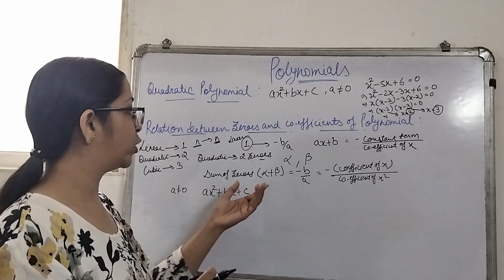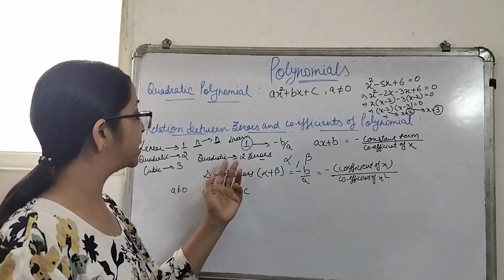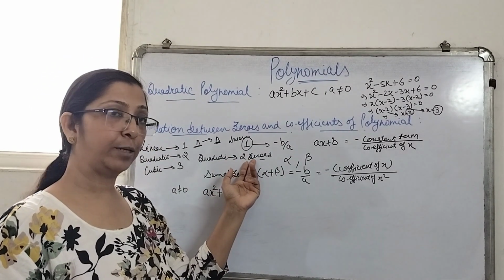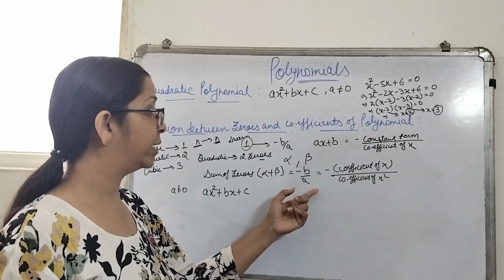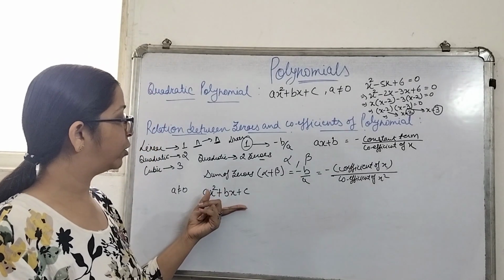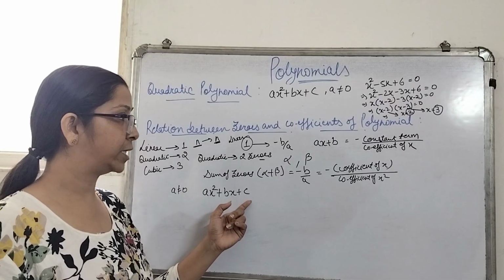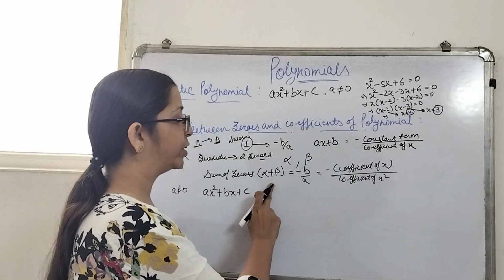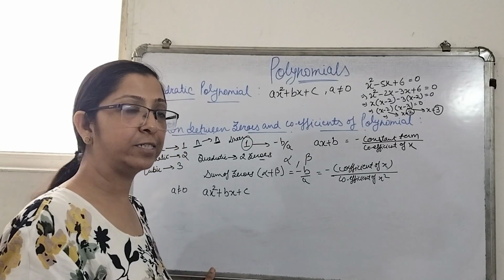This is the relation of the zeros and the coefficients of a polynomial. That means if there are two zeros in a quadratic polynomial, then the sum of these two zeros will be minus b by a, where the general form of your quadratic polynomial is ax square plus bx plus c. That means the sum of the zeros will be minus of the coefficient of x over the coefficient of x square.